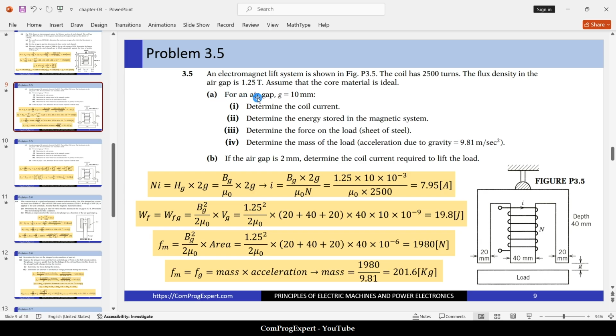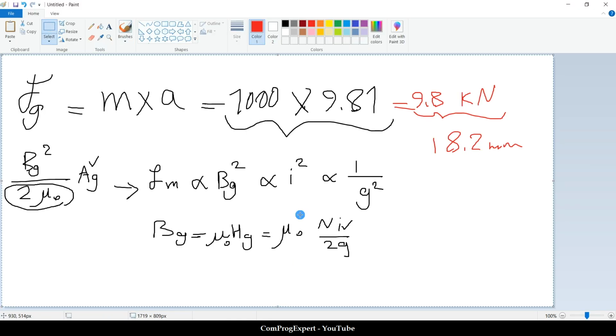A. For an air gap thickness equal to 10 millimeters, determine the coil current, determine the energy stored in the magnetic system, determine the force on the load, the sheet of steel, this is the load, determine the mass of the load. Acceleration due to the gravity also is given here. So this is the structure of the new problem.